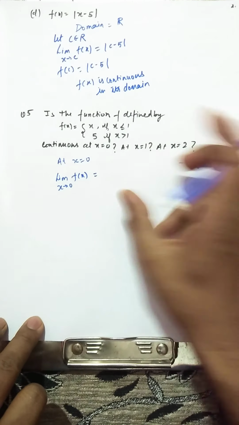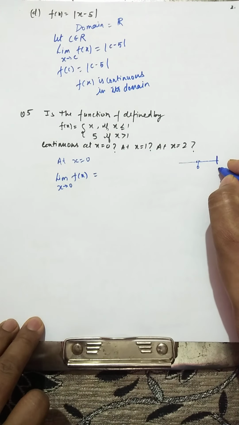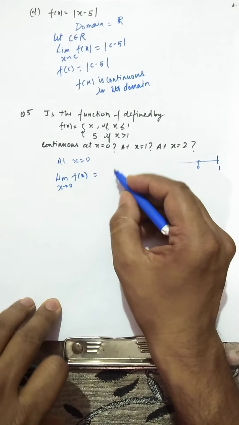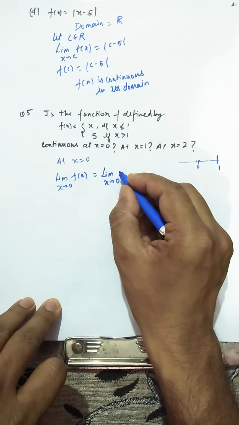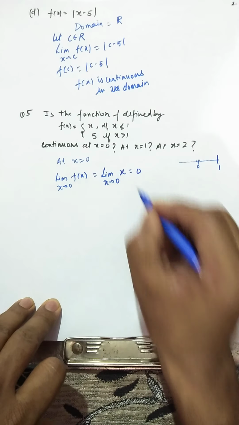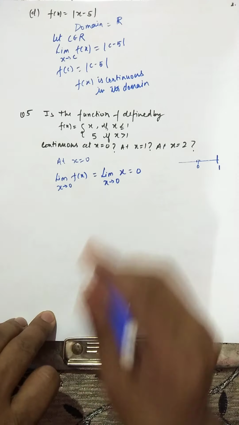But in all the cases, both these values will remain less than 1. So your function will be this only, x. So the answer of this will be 0.